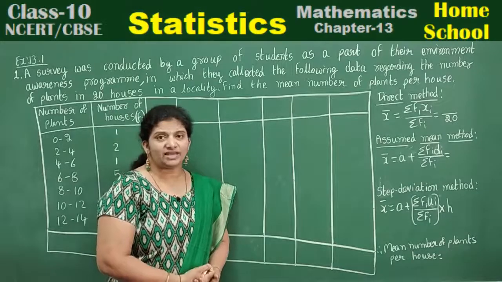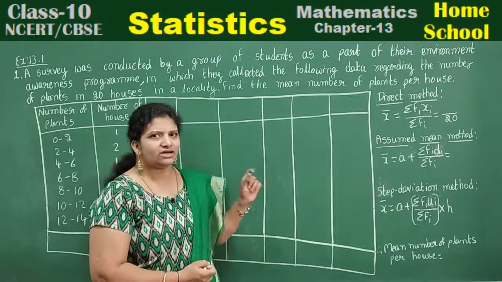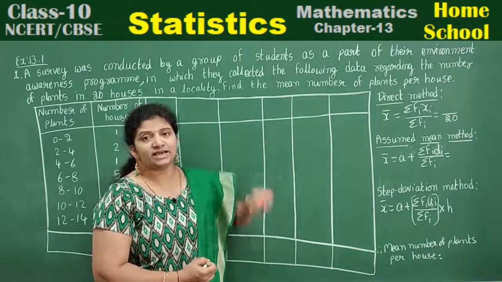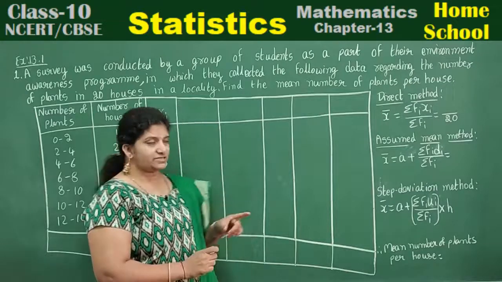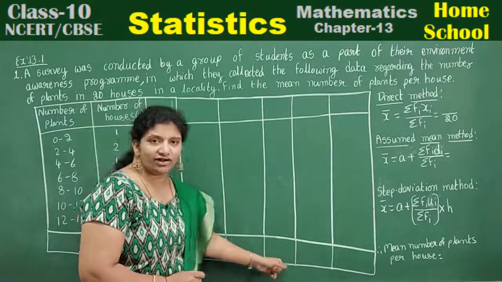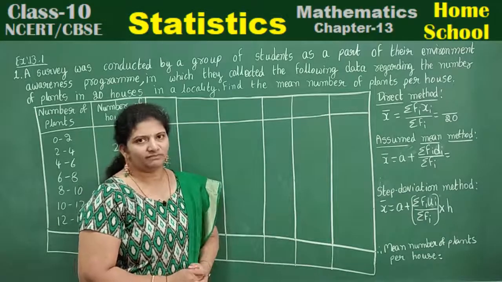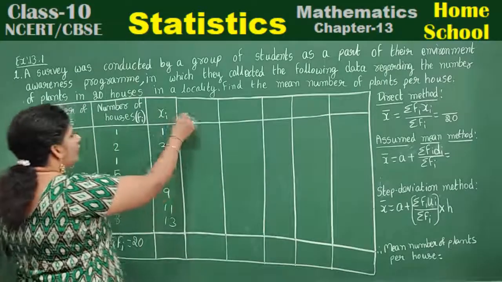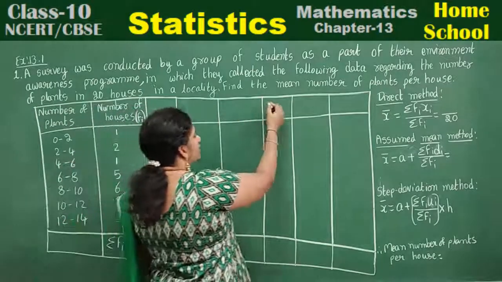Summation fi xi. Understand carefully, fi xi is multiplied, so we need to multiply now. Let's multiply first, then we will find the summation of fi xi and apply it in the formula. So I'm going to leave these two columns and then go to the third column.